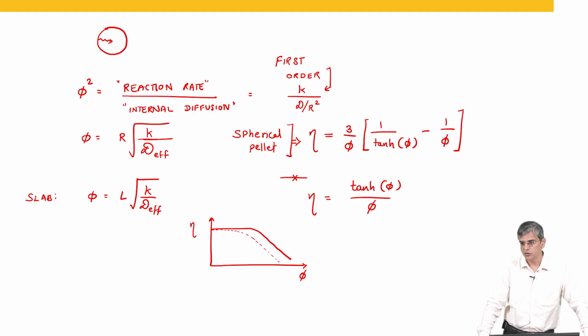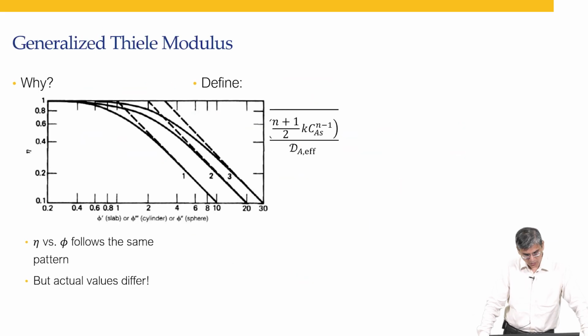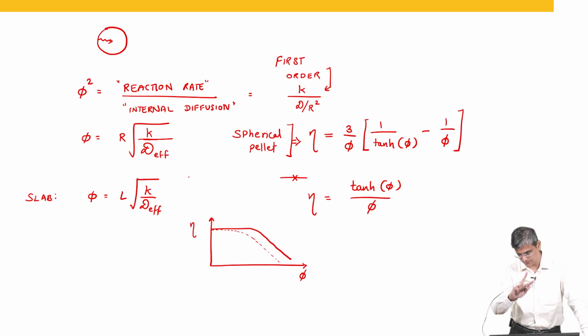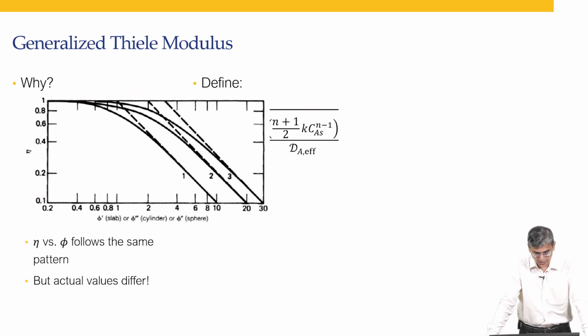What people found out is that if you make a small change, and this is what this slide shows. This slide shows that for slab, for cylinder and for sphere, your expressions are different. So, here I switched them. So, your expressions are different for these three cases.